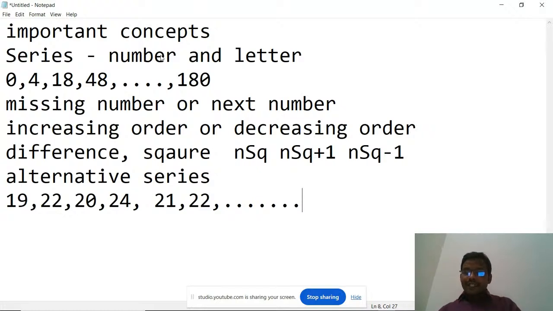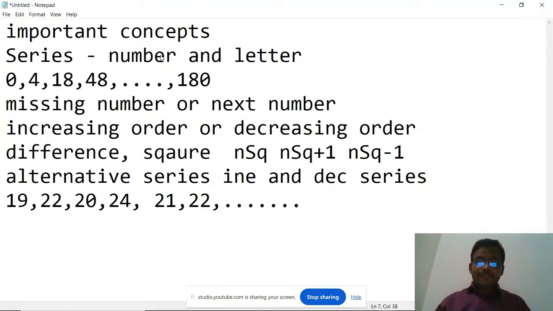The combination of increasing and decreasing is called an alternative series. Hope all of you followed. Whenever they give an increasing or decreasing series, which logic it follows, or if they give an alternative series, what different logics we have to follow, we'll see one by one.